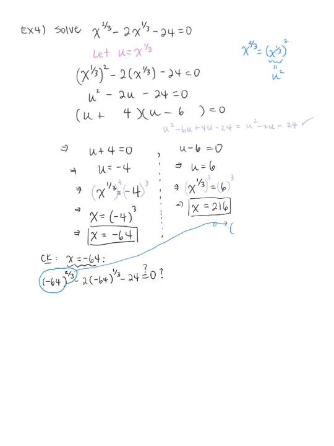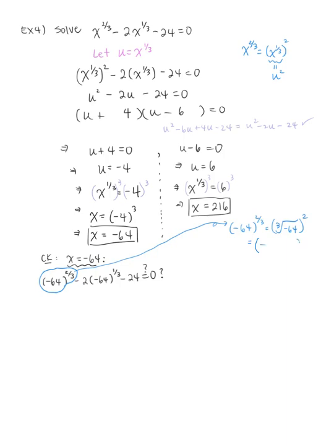If I have negative 64 to the 2/3, this is exactly the same thing as the cube root of negative 64 to the second power. For sure what's in the parentheses is going to be negative, because the cube root of negative 1 is negative 1.